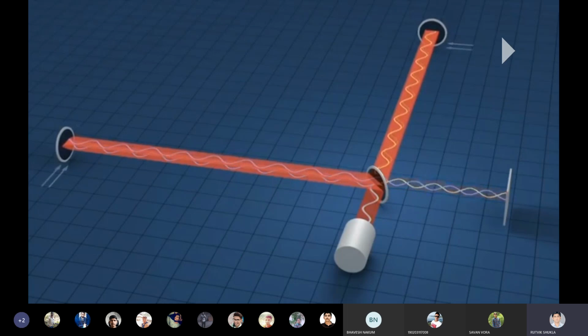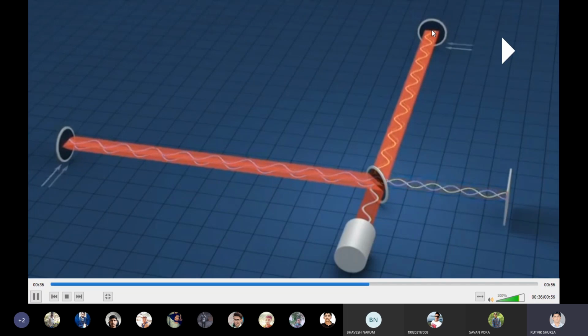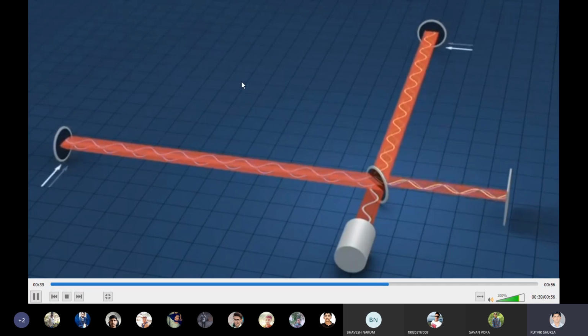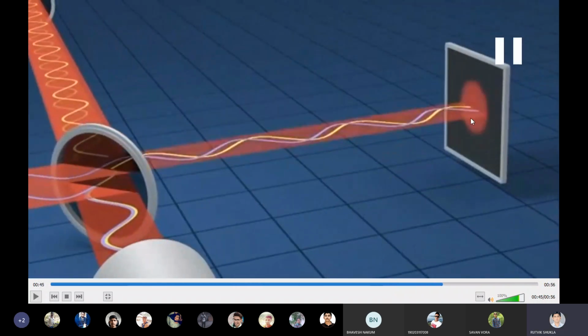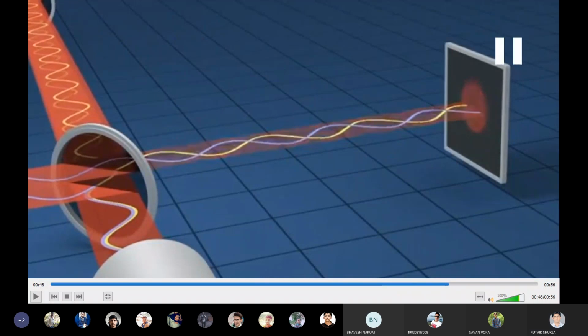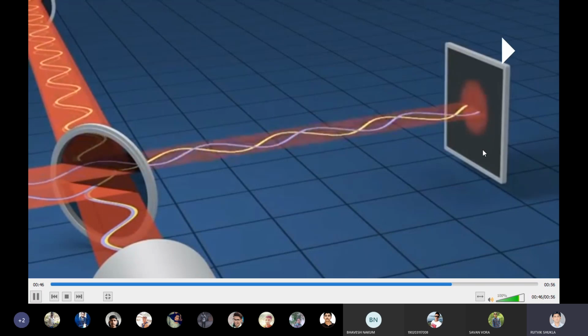Now they are changing the position of the mirror. You can see it goes from here to over here, and as they change the position, you can see the light beams intersecting with each other. See, when they are exactly in opposition, when they are destructive in nature, at that time the spot becomes completely dark, black in color.